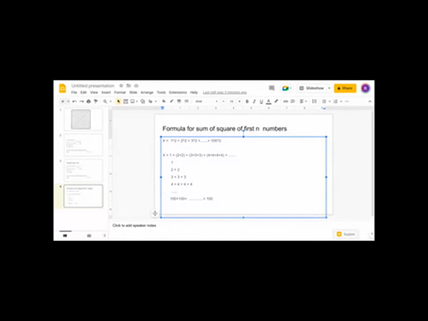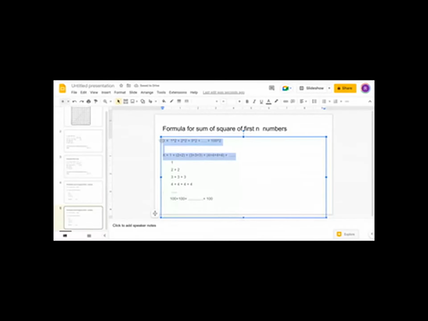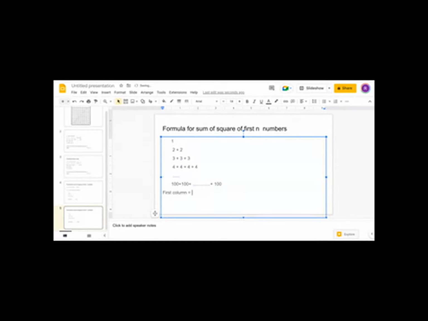Exactly. Let me just make a copy of the slide. So this is what we're trying to do. The first column is 100 into 100 plus 1 by 2.